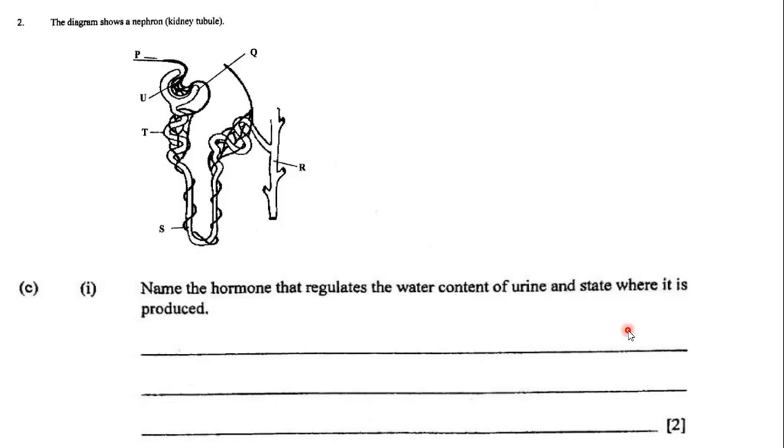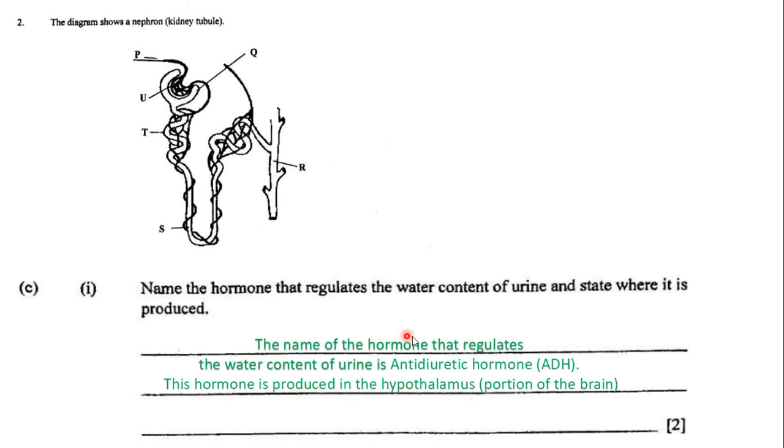Okay, so let's move on to the next question. The question states, name the hormone that regulates the water content of urine and state where it is produced. The name of the hormone that regulates the water content of urine is antidiuretic hormone, ADH.